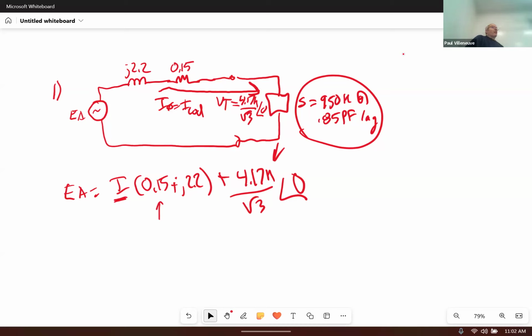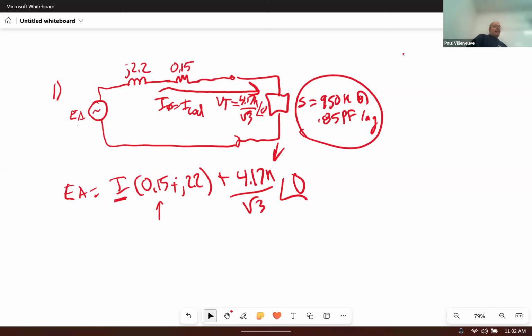That's why it's helpful to draw a circuit diagram, because you can see, wait a minute, the voltage at the terminal is 4.17. Even if I had divided by 4.17, if I was saying give me the short circuit current, that actually isn't the correct answer. It should be EA divided by that, because if the terminal voltage is 0, then you can use Ohm's law to solve for that. But that isn't even possible because you have no idea what EA is. So that can't be right.